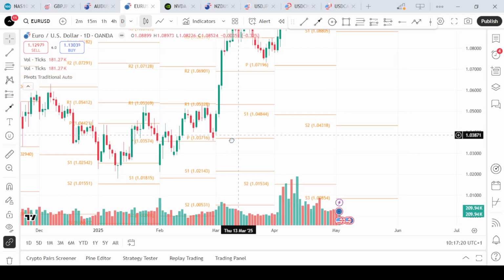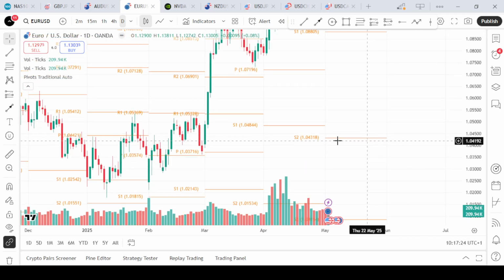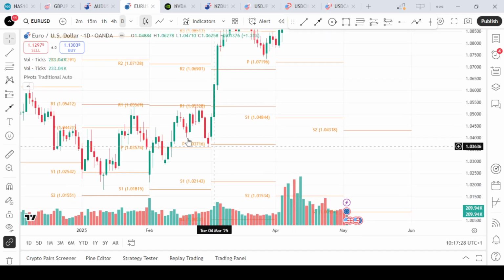Now your step 5 is to execute your trade with precise rules. Once you have both your pivot points level and your price action at your area of concentration, you execute your trade with specific rules. The first rule is your entry timing. You enter after your confirmation candle has closed.